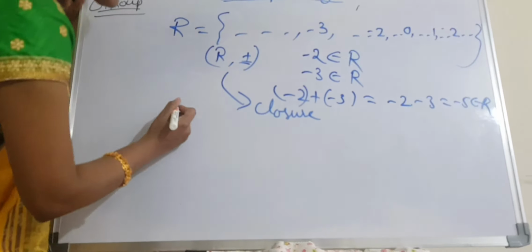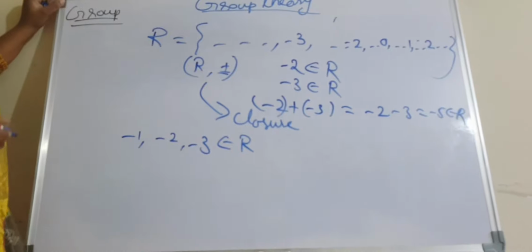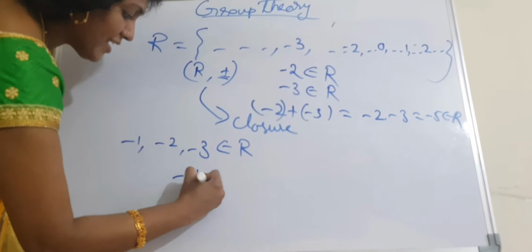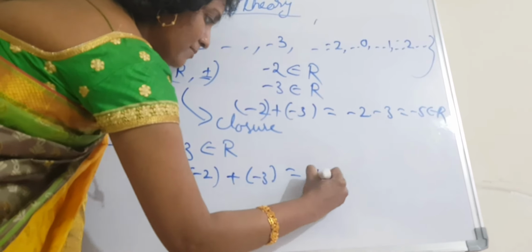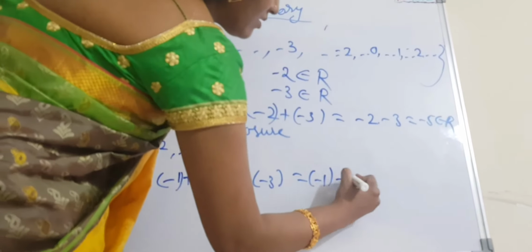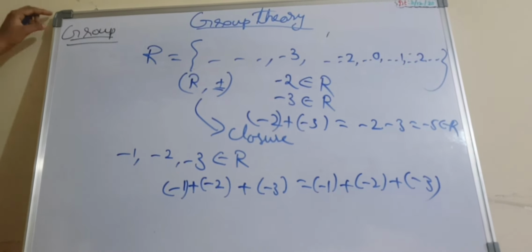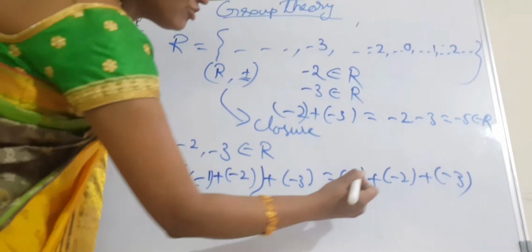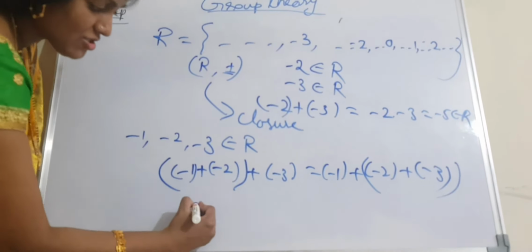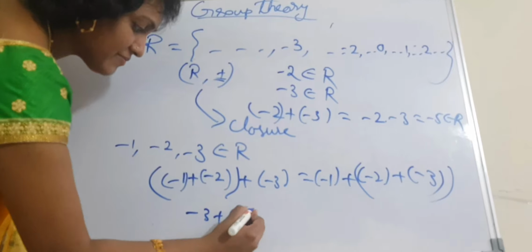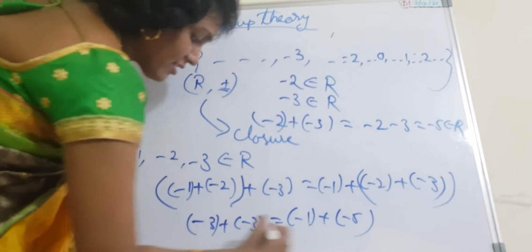Next property. I am taking -1, -2, -3 belonging to real numbers. Checking the associative property: (-1 plus -2) plus -3 and -1 plus (-2 plus -3). In the first bracket, -1 plus -2 is -3, plus -3 gives -6. In the other, -2 plus -3 is -5, plus -1 gives -6.